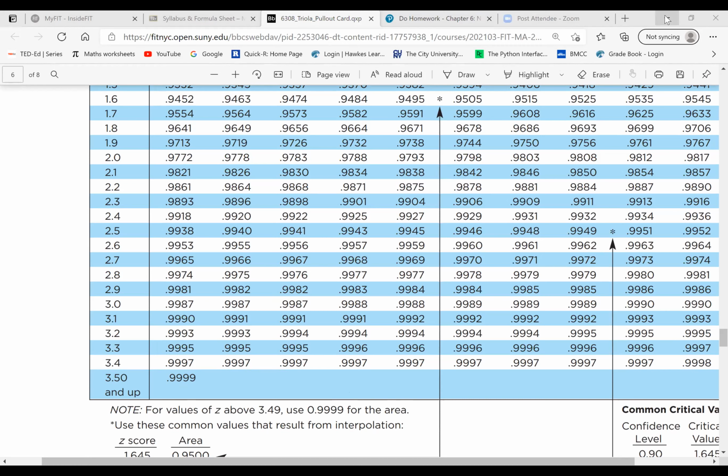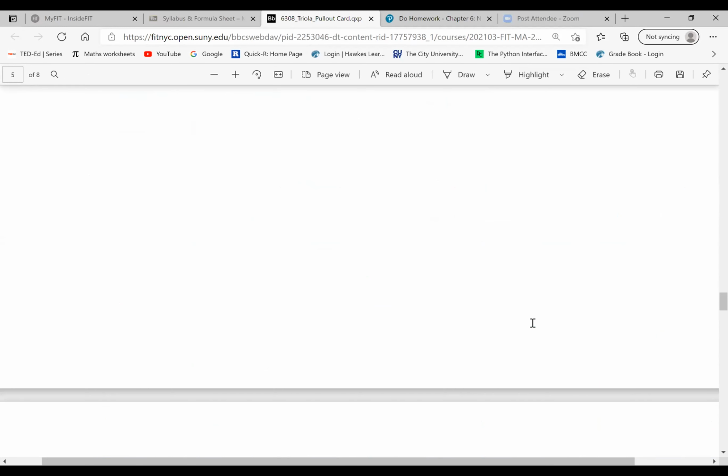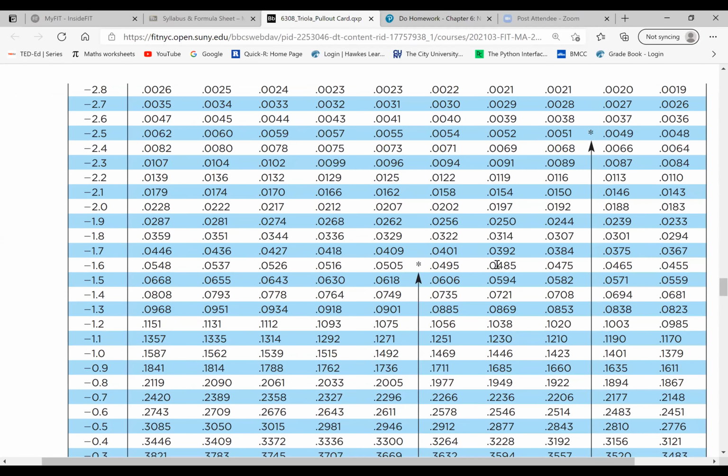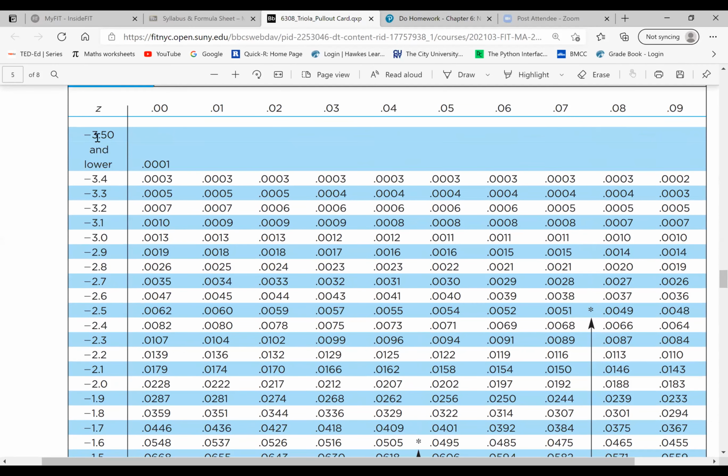Give me 1 second to let Excel show up. And also for negative ones, using just the table, anything below negative 3.50 is the same value, right?